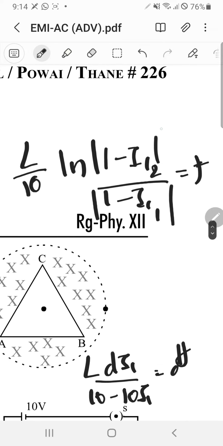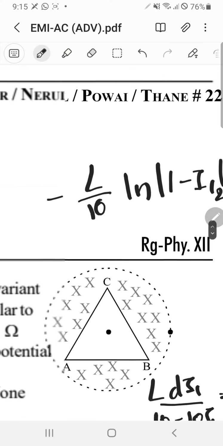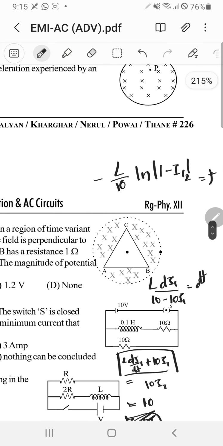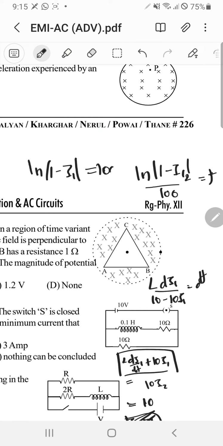Let's talk about the initial condition. Initially I1 was 0, right? Because inductors resist current initially. So the denominator was just 1. What's the L? It's 0.1, so it's going to be 1 upon 100 over there. So natural log of 1 minus I1 is equal to 100t.